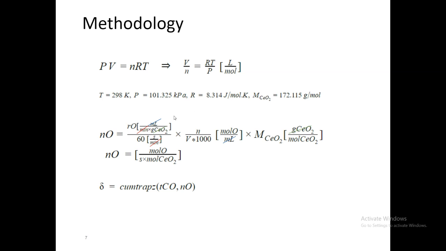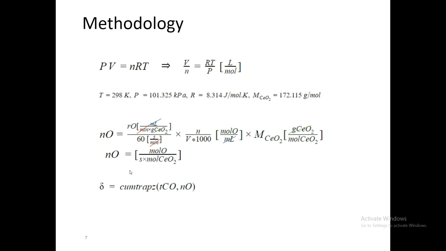Now we can substitute that here, and with some unit conversions, we get rid of the minutes by dividing by 60, and we take the inverse of that, multiply that by 1000 to get it to moles per milliliter, so that the milliliters can cancel out, and then finally we multiply that by the molar mass of the ceria oxide, which is 172.115 grams per mole. Collecting all the units that are left over, we get moles of oxygen per mole of ceria oxide times seconds, which is what we're looking for.